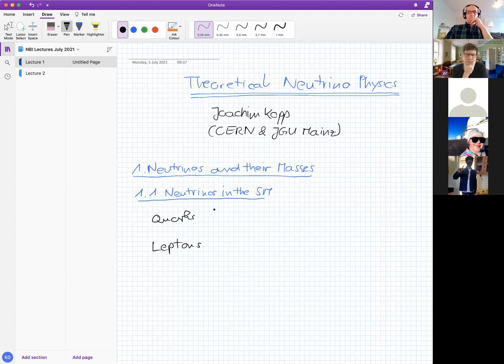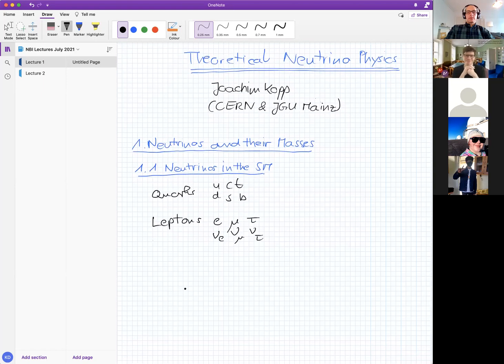The quarks are the up, down, charm, strange, top, bottom. The charged leptons are the electron, the muon, and the tau, and each of those has a neutrino partner, nu e, nu mu, nu tau. And in principle, I should have put the neutrinos on top of the charged leptons because that's how they end up in the SU(2) multiplets.